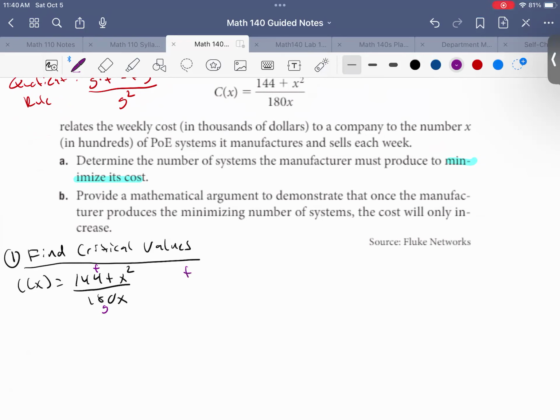So f equals 144 plus x squared, and f prime is just 2x. And g is 180x, so g prime is just 180.